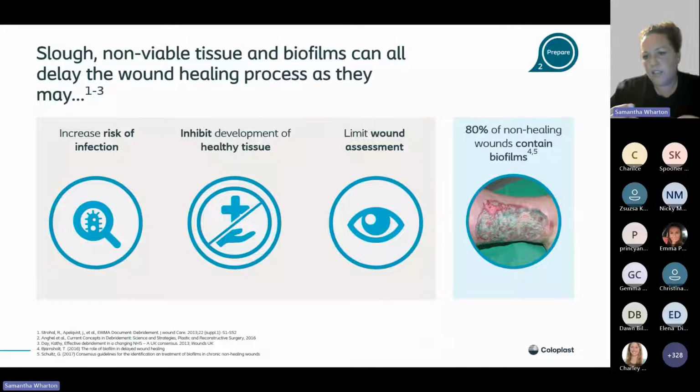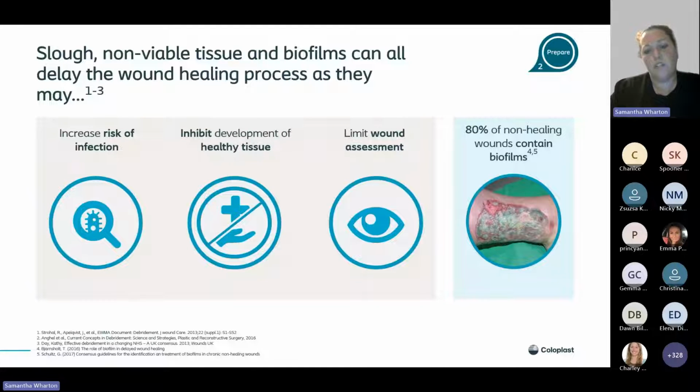Microorganisms love to hide and multiply within that dead devitalized tissue. They're getting all the little nooks and crannies. It gives them that perfect environment. It also inhibits the development of healthy tissue. While it's there, you're not going to get that lovely granulation tissue that we love to see in those wounds, and it limits the visualization of what's going on in that wound bed.